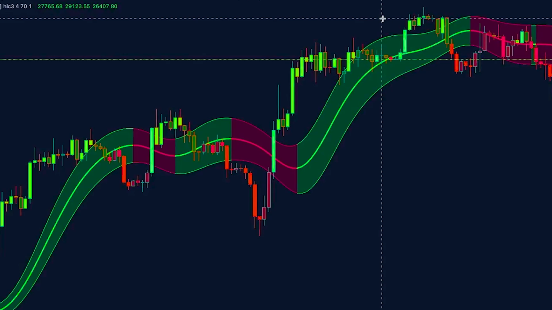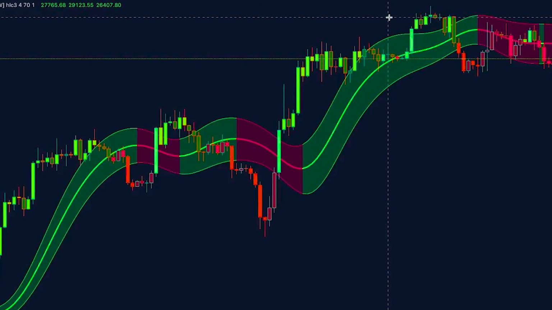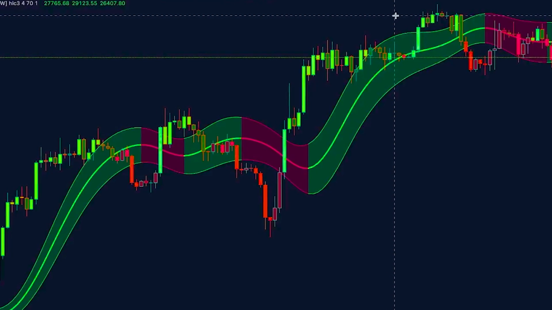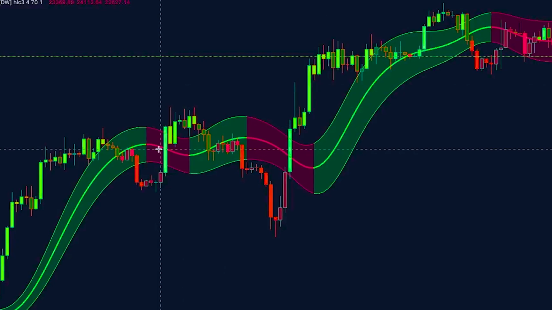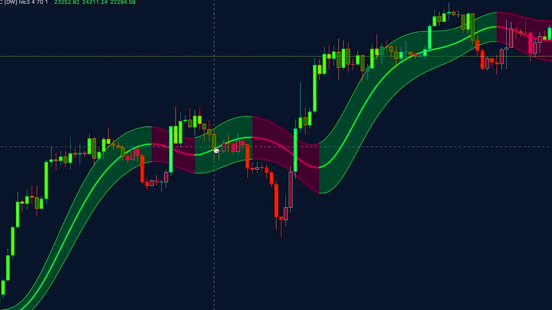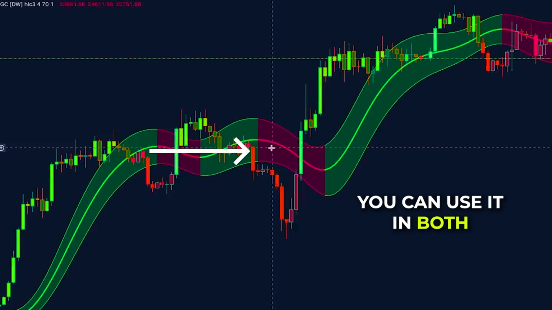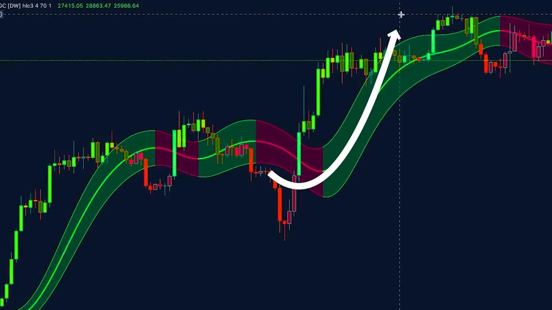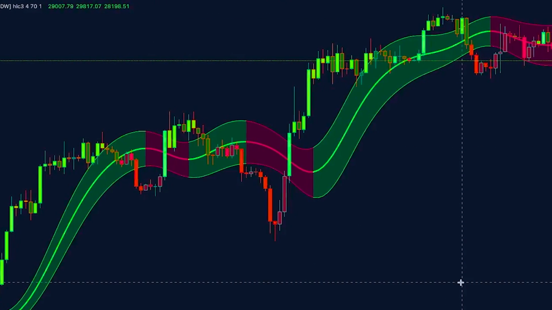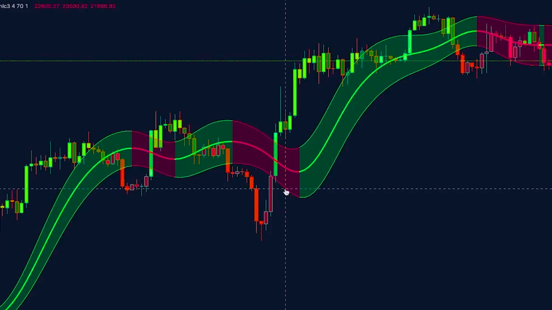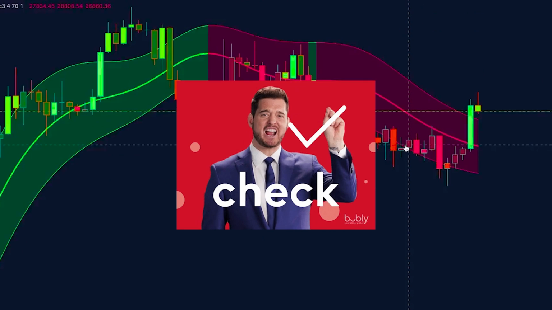Usually, you have to use a certain indicator in a trending market and a different indicator in a range-bound market. With the Gaussian channel, you can use it in both. The markets that are going boring sideways for a long time, or the markets that are absolutely going to the moon or plummeting in prices. The Gaussian channel will help with all of the above.